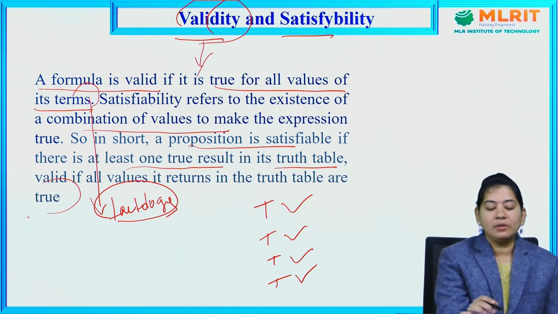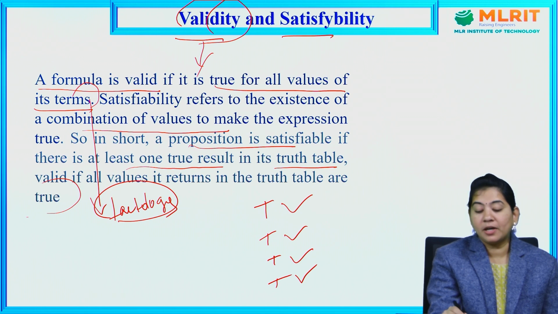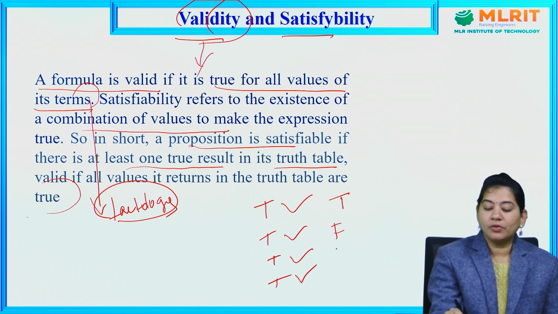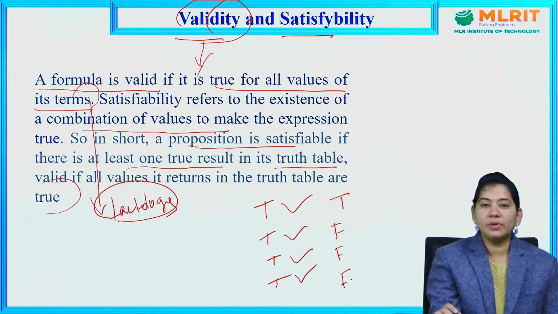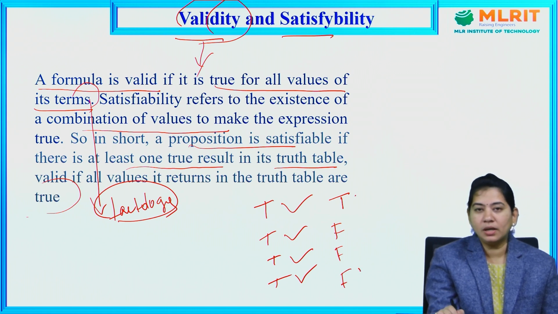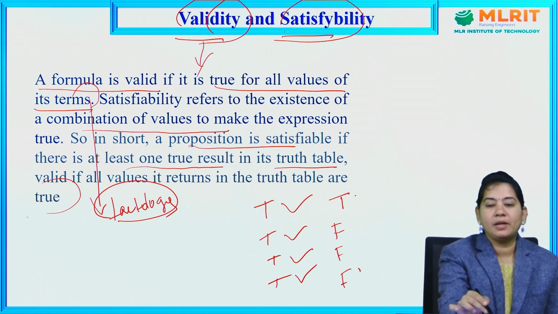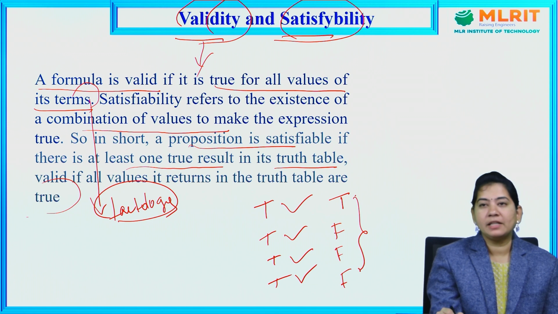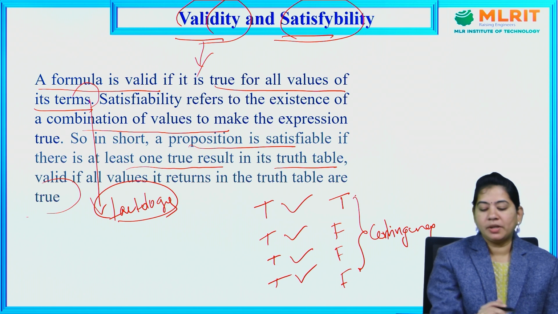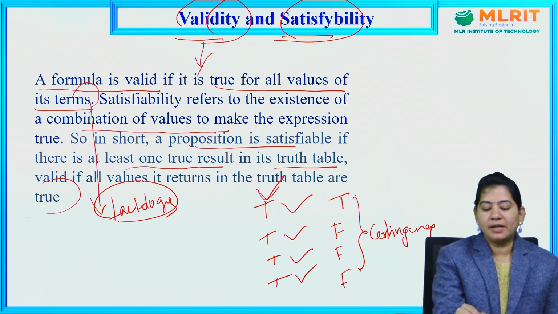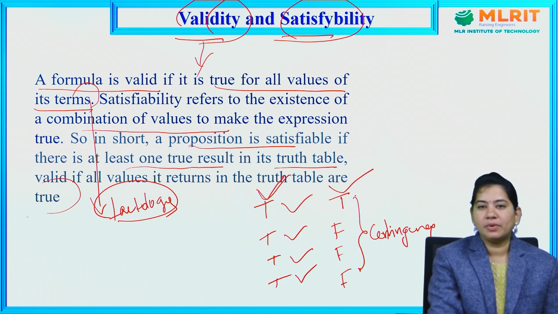Satisfiability is nothing but if it is true in some cases and false in some other cases. A combination of truths and falses is called satisfiability. We can also write this satisfiability as contingency in the construction of the truth table. So this is validity and this is called satisfiability.